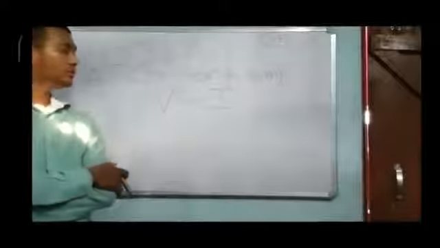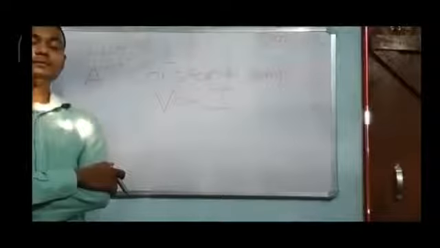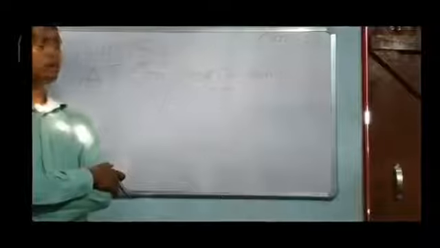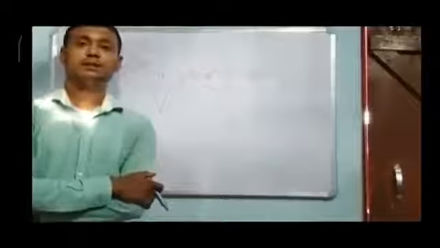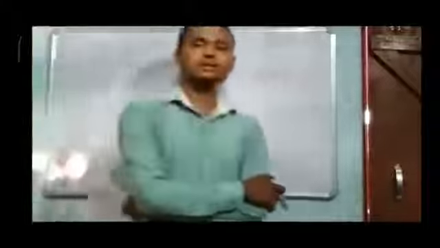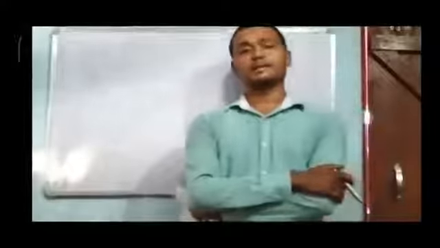If we remove this proportionality sign, we have to add a proportionality constant, and here we put a proportionality constant which is resistance, which resists the flow of electric current.